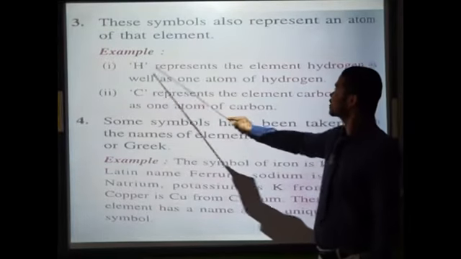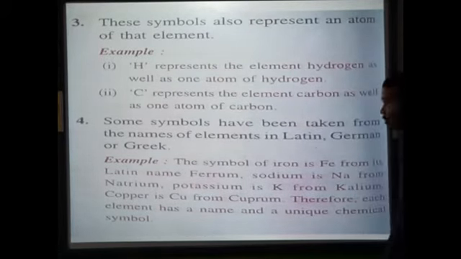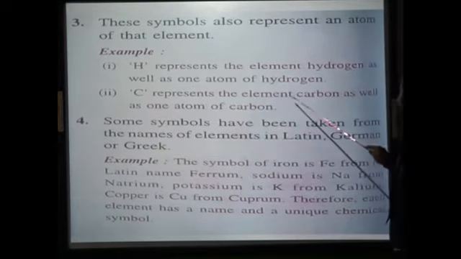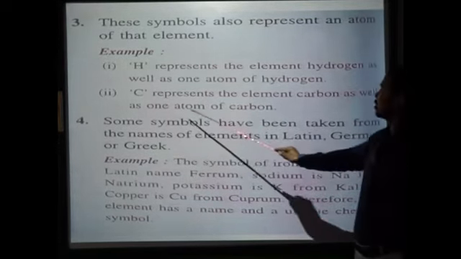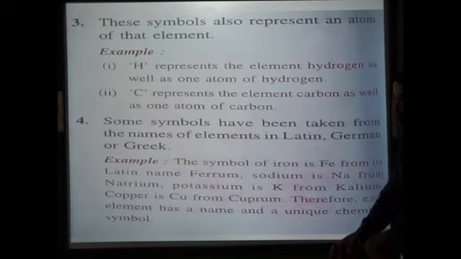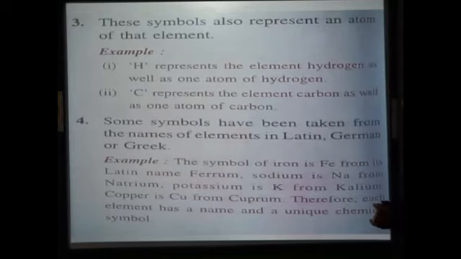For example, H represents the element hydrogen as well as one atom of hydrogen. C represents the element carbon as well as one atom of carbon. Some symbols have been taken from the names of elements in Latin, German or Greek. So some of the elements are given symbols from their Latin, German or Greek name.